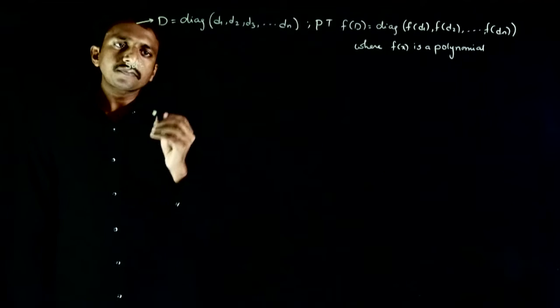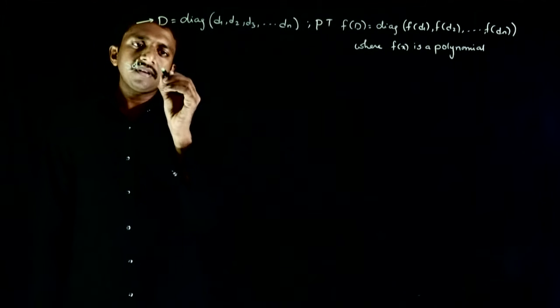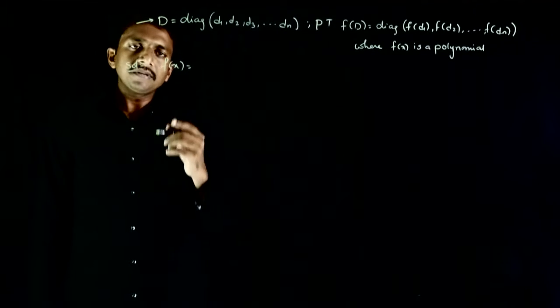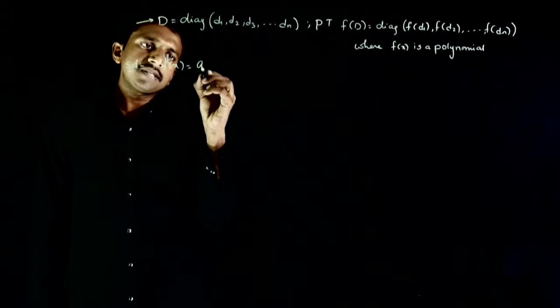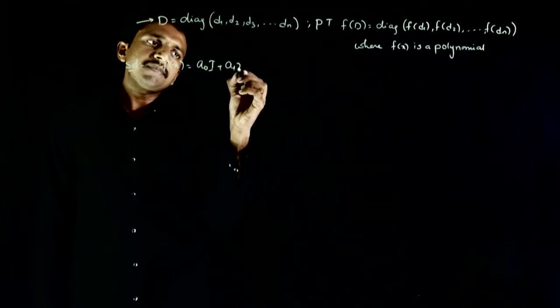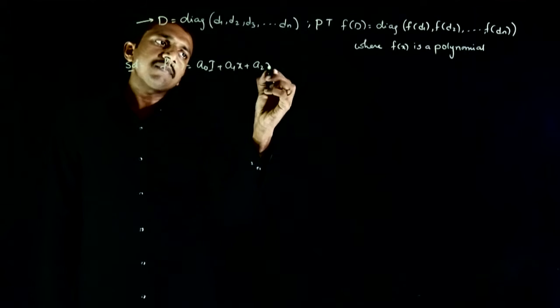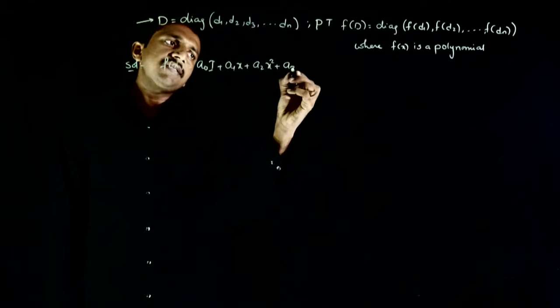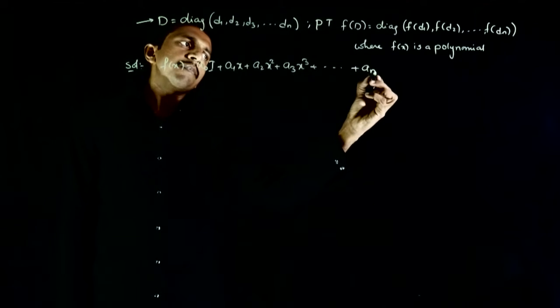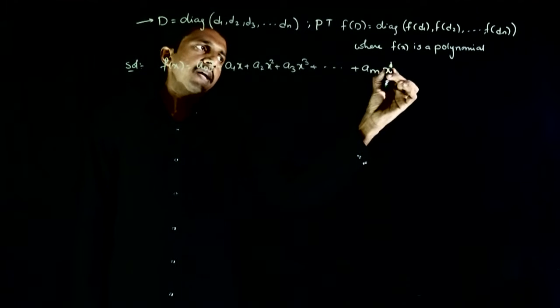So let us start with my f of x. So f of x is a matrix polynomial. So let us assume f of x as a0 times I plus a1 times x plus a2 times x square plus a3 times x cube plus so on up to am times x power m.